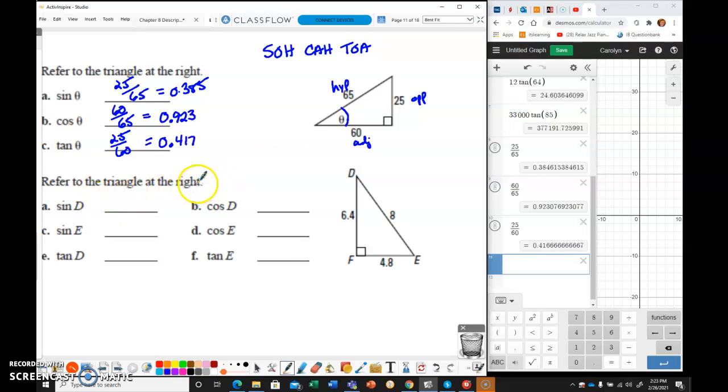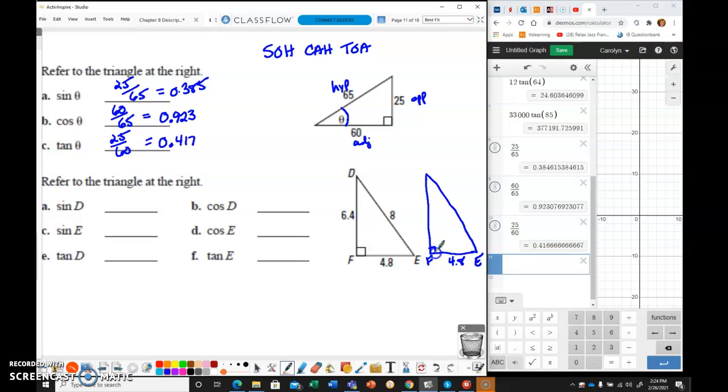So here, I'm going to do the same thing, but it's going to pop around at the different angles on me. So I've got to be really careful about which sides are for which triangles. If you want, draw yourself another triangle, exact same one, so that you can highlight the angle that they're talking about. So if this is E down here, that's 4.8.